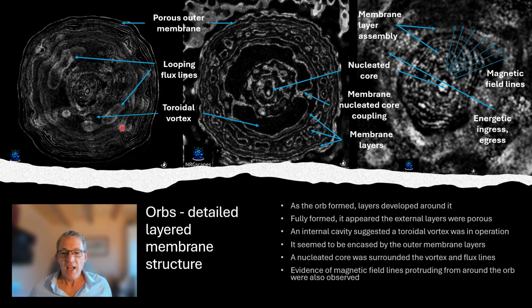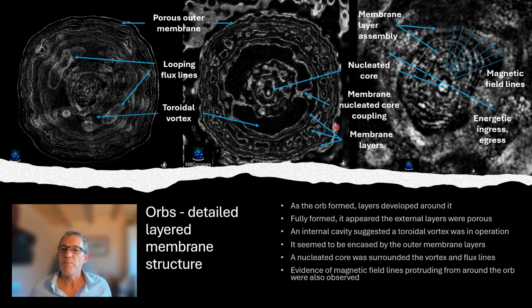So that's that, and then evidence of magnetic field lines protruding from around the orb was also observed, and it's quite clear in this image that there are multiple fracture or field lines through this orb, along with quite a powerful, we can see here, energetic ingress or pulling in, going through this vortex or connecting with it around the nucleated core, and then coming out the other side.